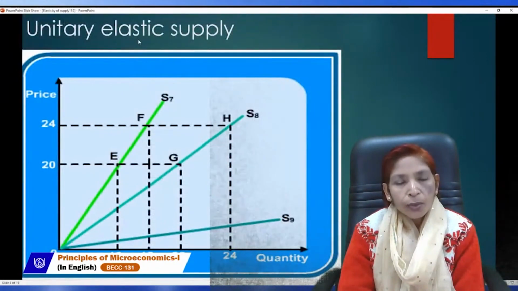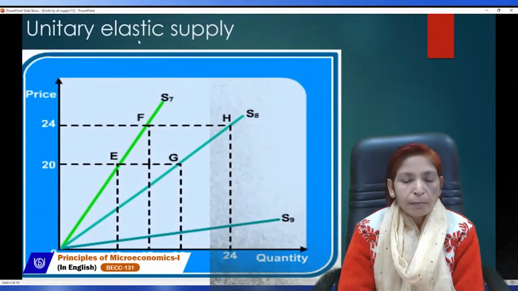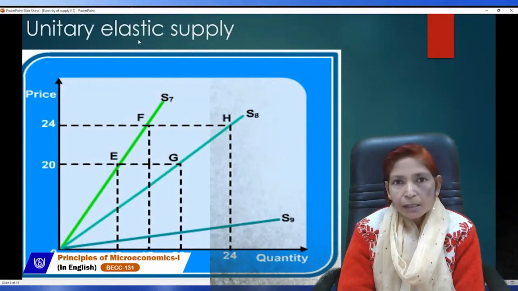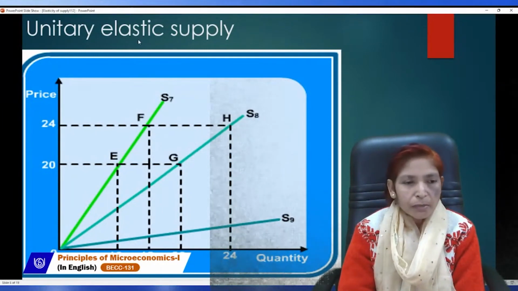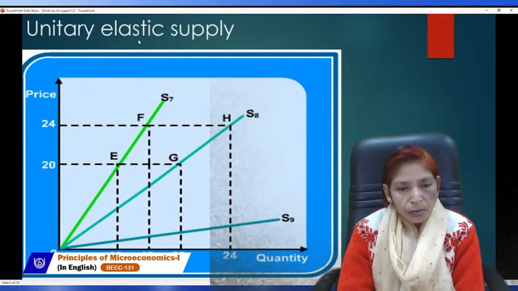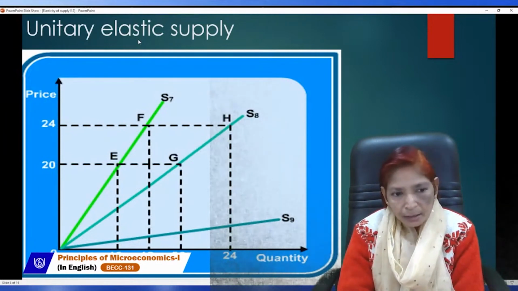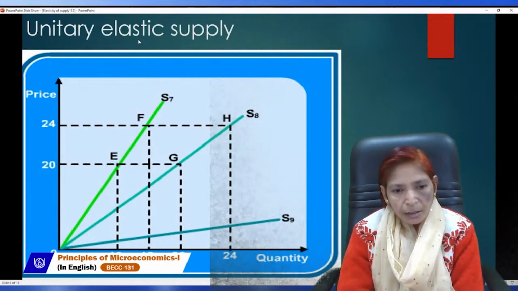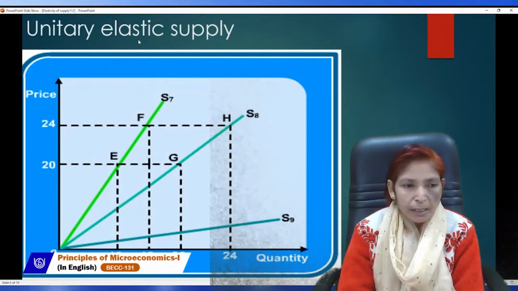Next is unitary elastic supply. Unitary elastic supply always occurs when there is the same change in price and the same change in quantity supplied. As you are watching here, the percentage change in supply is 20 to 24 and the percentage change in price is also 20 to 24.